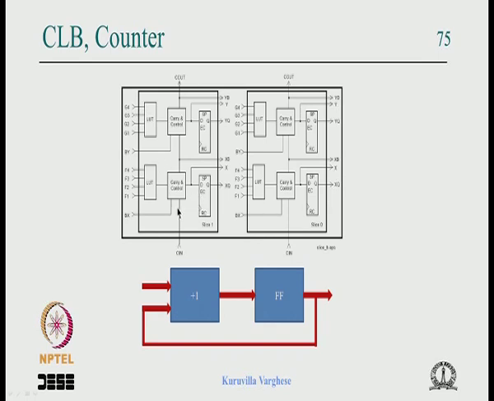Not only that, we need a load feature and a data input, so the load can be given here and the data in for that corresponding variable can be given here. Still we need only a 3 input lookup table, but there is a 4 input lookup table. So that is enough to implement the incrementer plus the multiplexer for multiplexing the input value. Okay. So essentially we require 8 flip flops, 8 lookup tables with a carry chain.